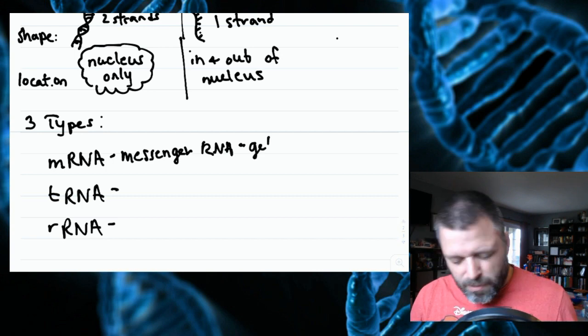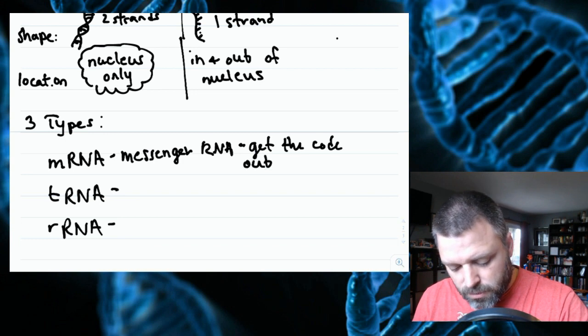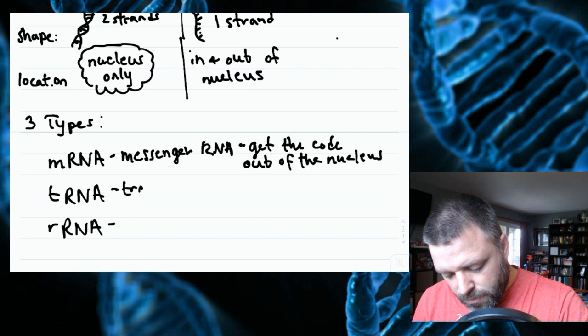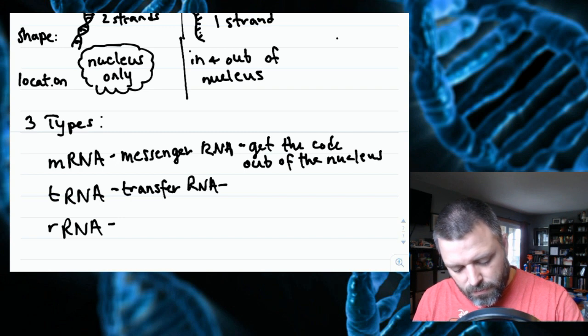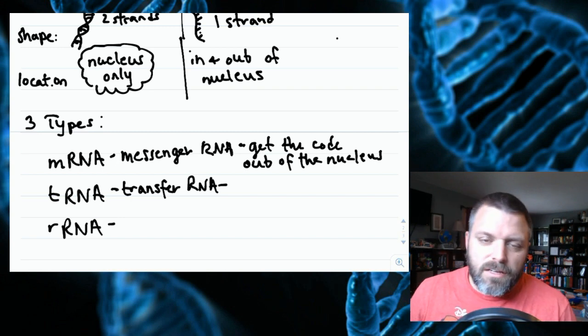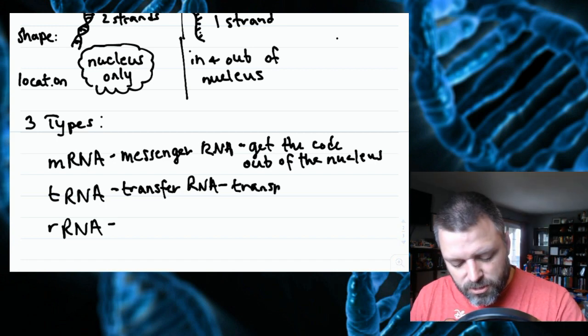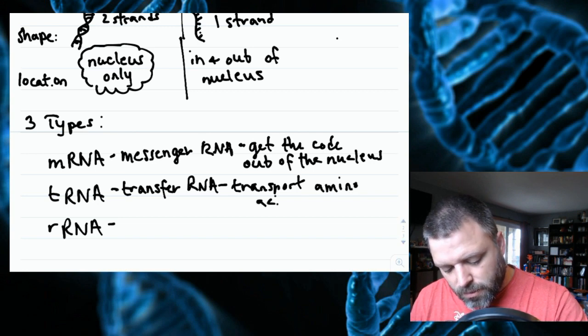The job of the messenger RNA is to get the code out of the nucleus. The tRNA is the transfer RNA. I like to think of it as the trucker or the transport RNA. The job of the transport RNA is to transport amino acids.